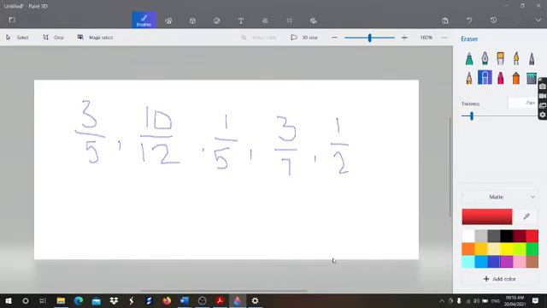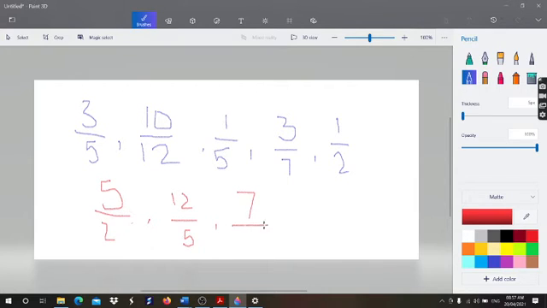Let's talk about improper fractions. 5 upon 2, it is an improper fraction. 12 upon 5, improper fraction. 7 upon 2, improper fraction. 9 upon 2, improper fraction.